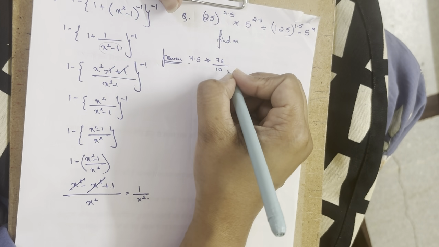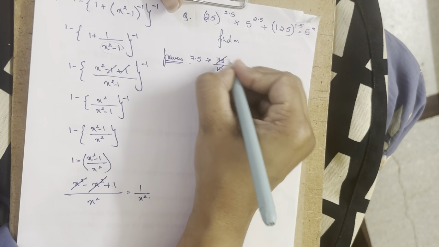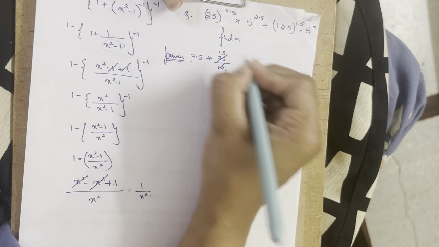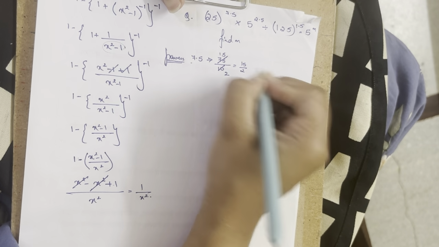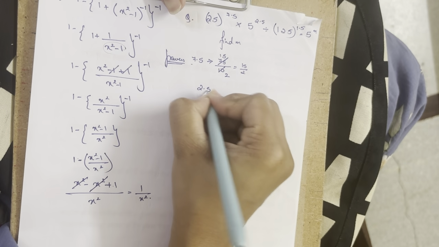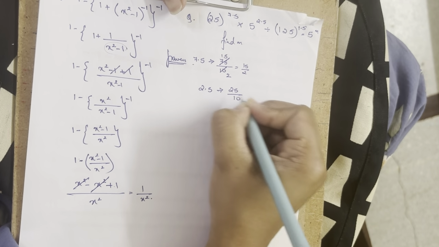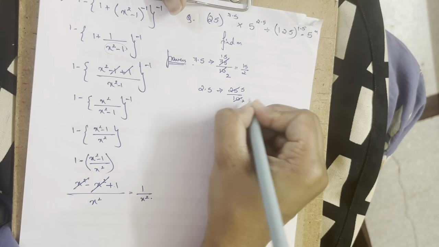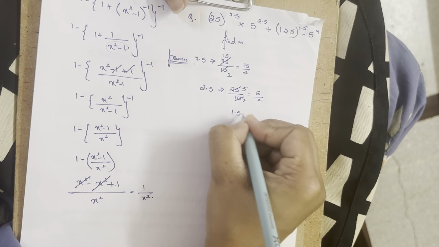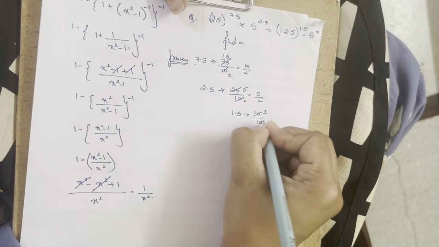Start reducing it with the 5 times table: 5 2s, 5 15s. So it is 15 upon 2 is the power for this. Next is 2.5 is the power. So that becomes 25 by 10. We are removing the decimal. 5 5s, 5 2s. So it is 5 by 2. And then 1.5 is the next power. That becomes 15 by 10, 3s and 2s.